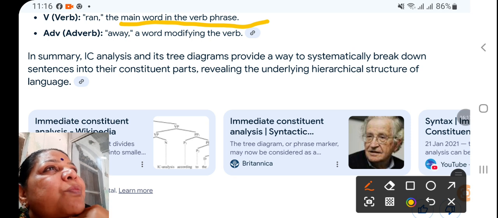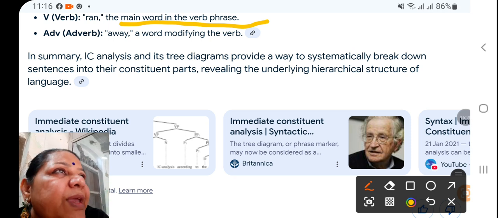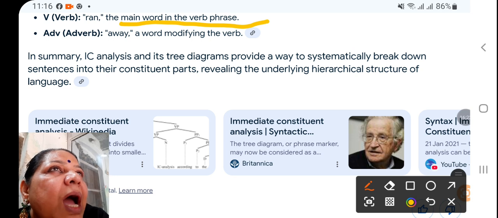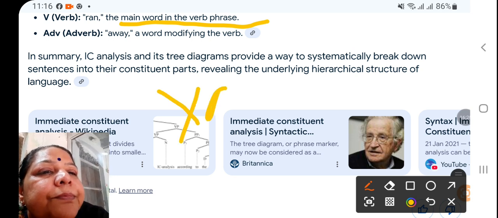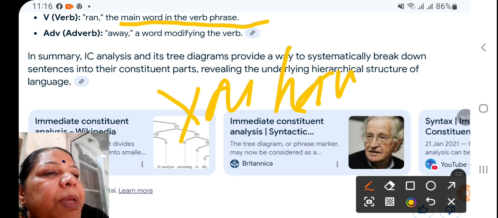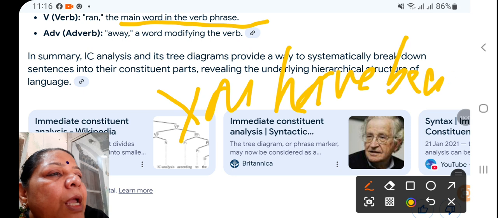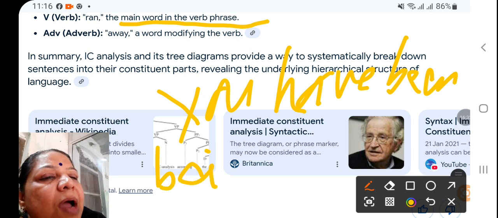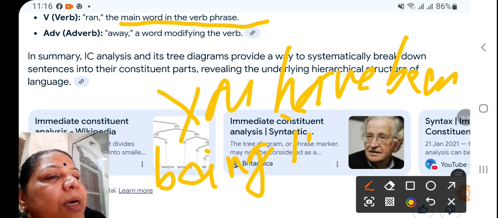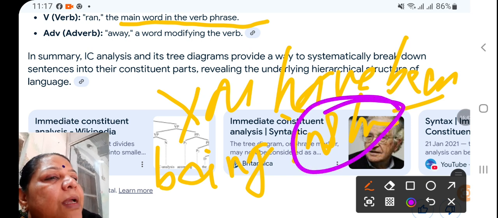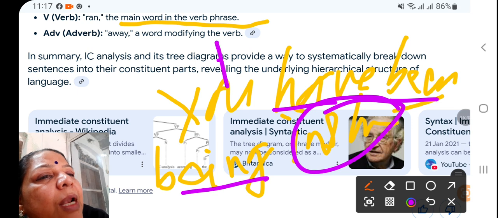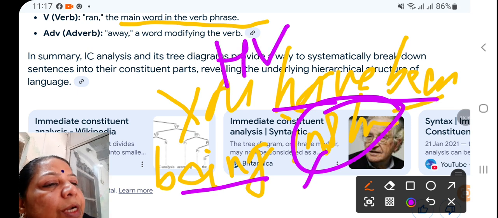This way you can remember: you have been being instructed. Here the main word is instructed. Why? Because have been being are all helping verbs, and instructed is the main verb.